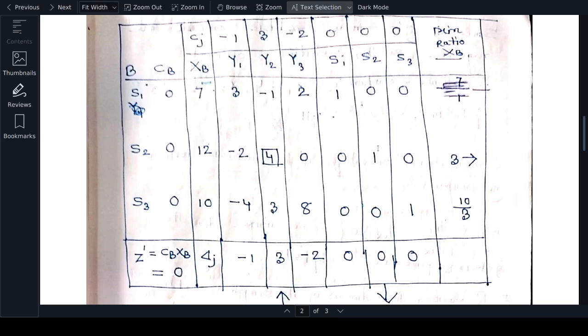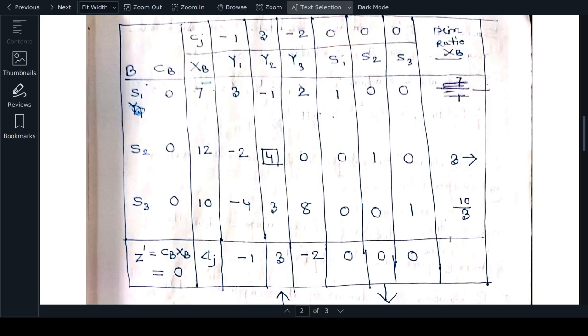Because this second row is our minimum ratio row. So the second row is fixed. Relative to the second row, we calculate all the elements of the first row and all the elements of the third row.